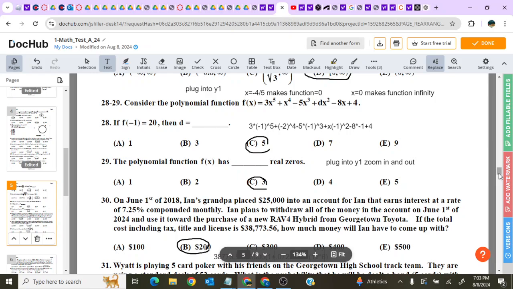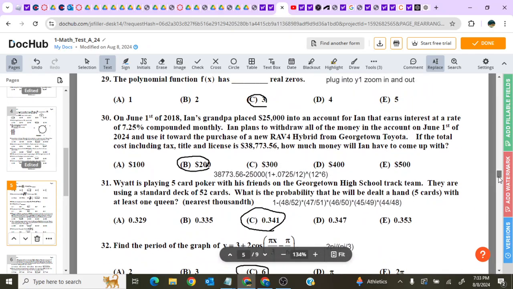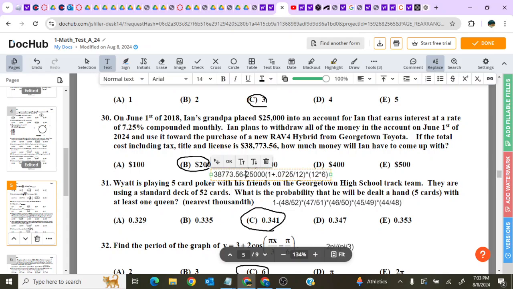On June 1st of 2018, 25K is put into an account, earning 7.5% interest monthly. The person is going to withdraw it 6 years later and needs to pay 38,773.56. How much money will he have to come up with on his own? Well, we have to figure out how much interest has multiplied his money. So his rate is 0.0725.